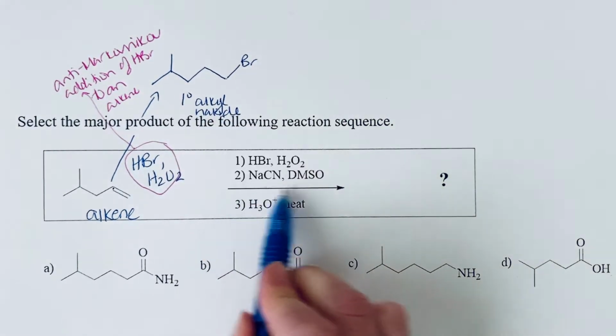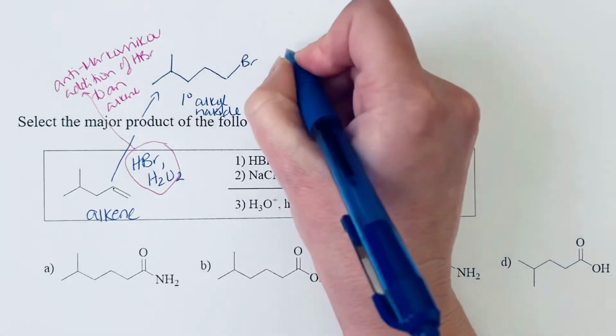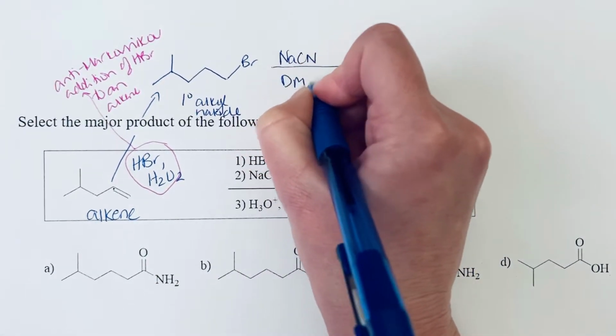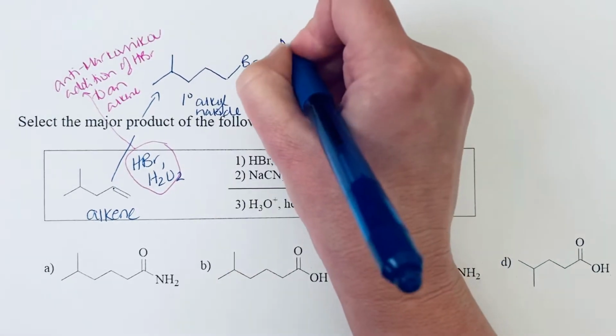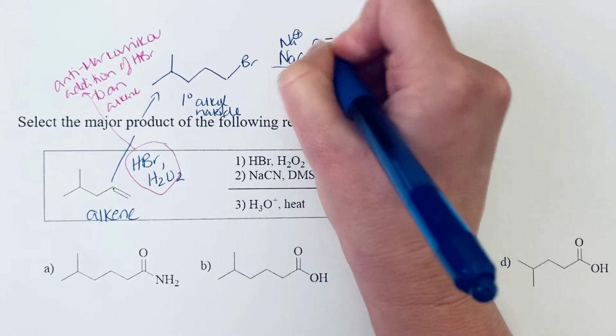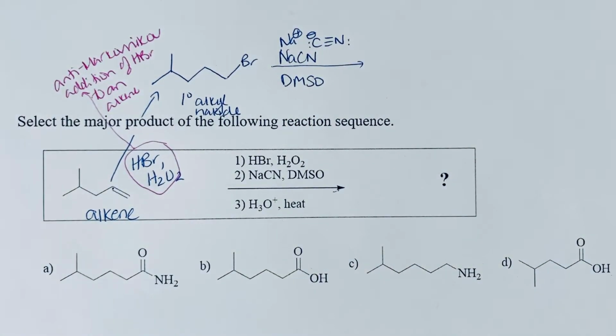And so we want to look at the second step. So we see that we have sodium cyanide and DMSO. This is a salt, so we have sodium and cyanide, and that cyanide ion is a really good nucleophile.